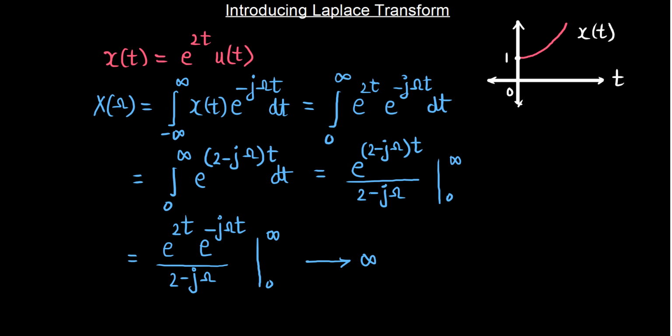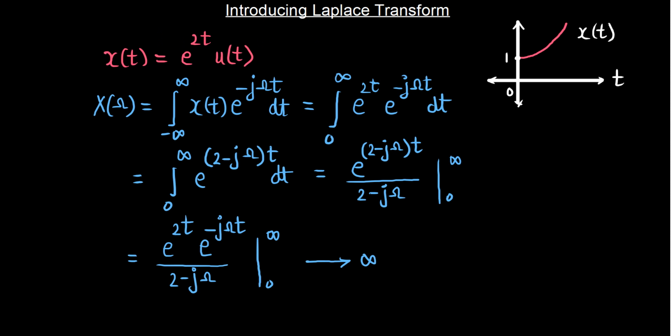Now let's observe how we are going to make this signal absolutely integrable. You can see that this signal is going out of bound just because it is e power 2t, and in order to make it absolutely integrable, we must modify this signal somehow such that it converges. So let's make an attempt to converge this signal.